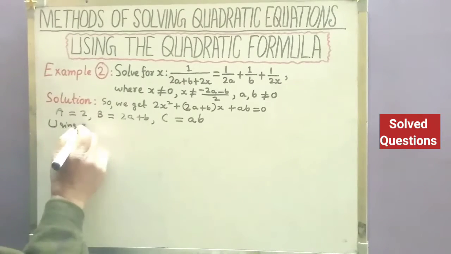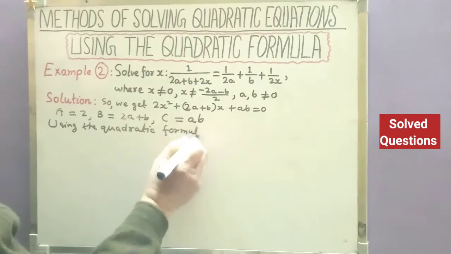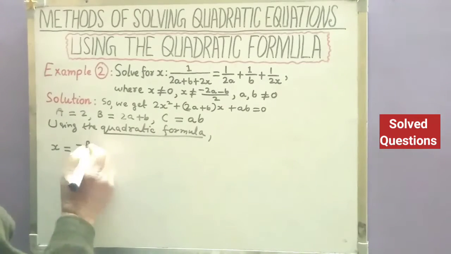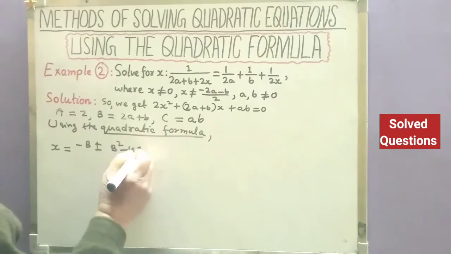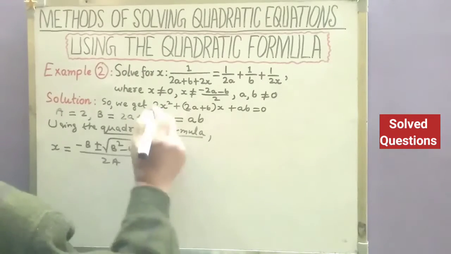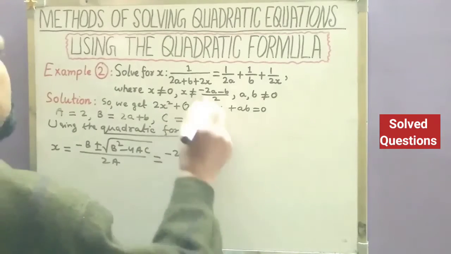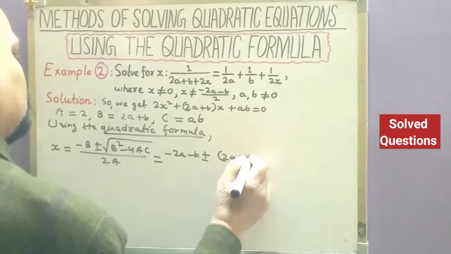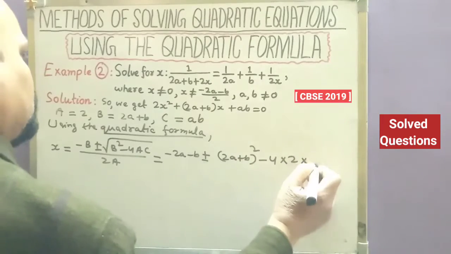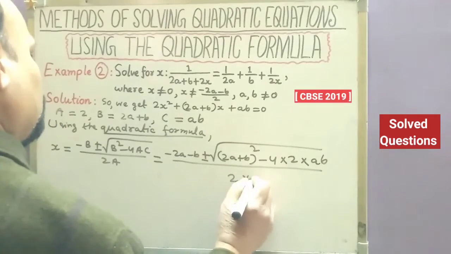Now, using the quadratic formula, we have x equal to minus b plus minus square root of b square minus 4ac upon 2a, that equals minus (2a plus b) plus minus square root of (2a plus b) whole square minus 4 into 2 into ab upon 2 into 2, because a equal to 2.